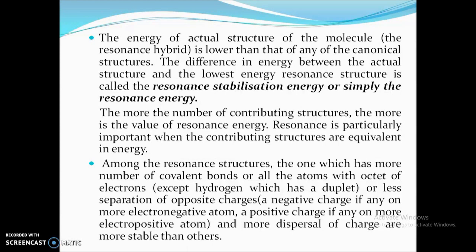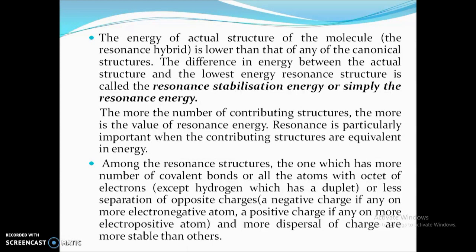Now, when a compound has more than one non-identical or different type of resonating structures, then the stability of these resonating structures will be different. Then the following points are considered.